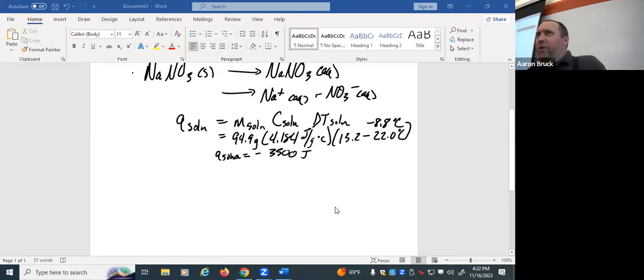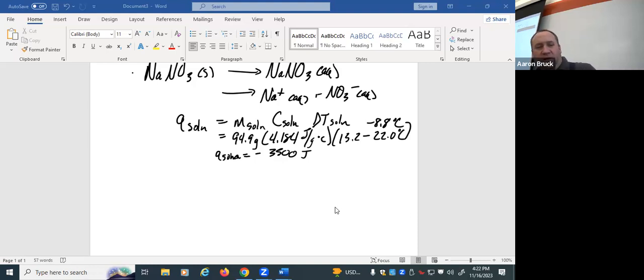Unfortunately, we're not done there, though. Remember, this is a calorimetry experiment. Calorimetry experiments are measuring what's happening in the solution, not the system. The calorimeter and all of its components are always part of the surroundings, not the system.